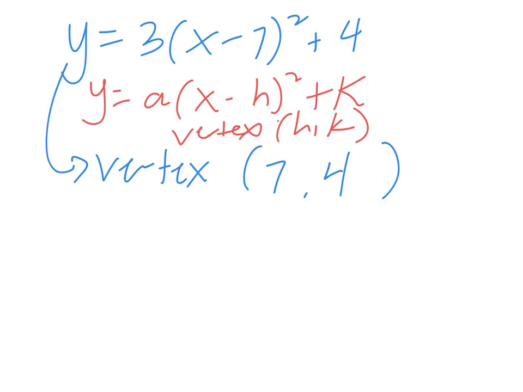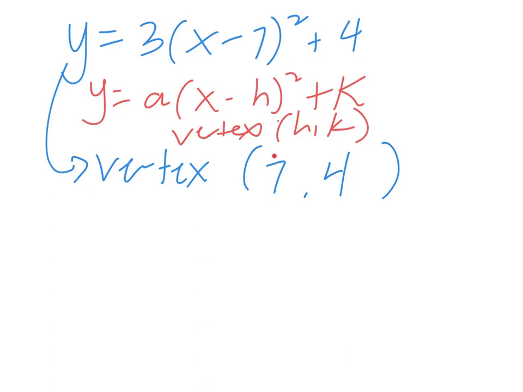Of course, the other thing we know is that the axis of symmetry is the same as the x coordinate of the vertex, because if you remember from when we worked on quadratics before, we had to go through the negative b over 2a to find the axis of symmetry, and that was also the x coordinate of the vertex. Well, if you know the vertex, you also know the line of symmetry, which is just going to be the x coordinate of the vertex.